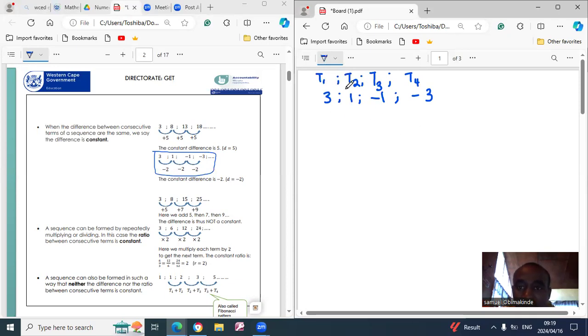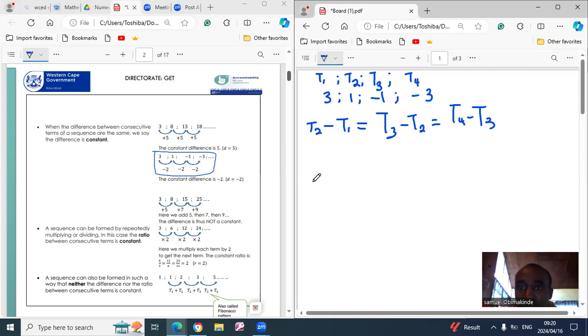Now, if we want to find the difference between any two consecutive terms, it will be the higher term minus the smaller term. So it will be T2 minus T1, and this must be equal to T3 minus T2, and it must be equal to T4 minus T3. That is the way you get the constant difference or the common difference.